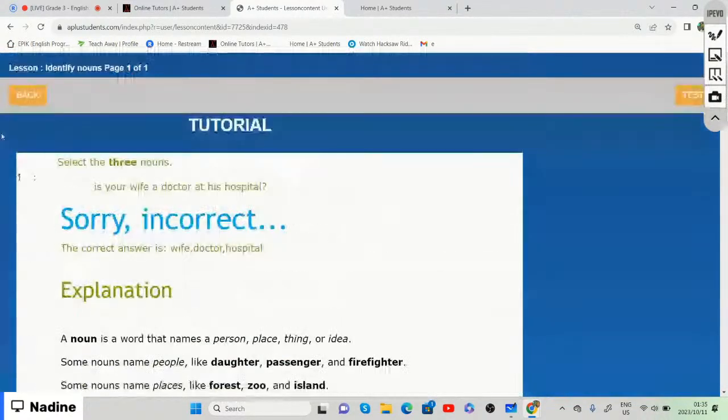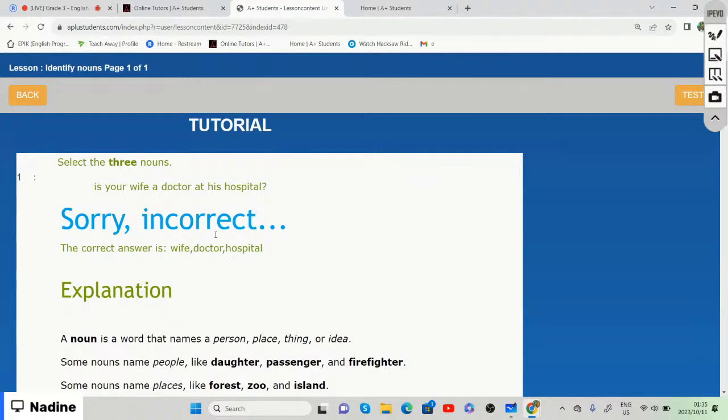All right. So now here it says we need to select the three nouns within the sentence, right? Is your wife a doctor at his hospital? So we need to select the three nouns within that sentence.